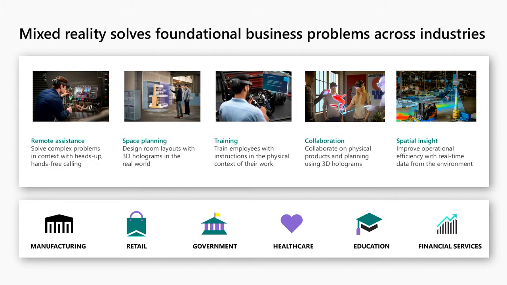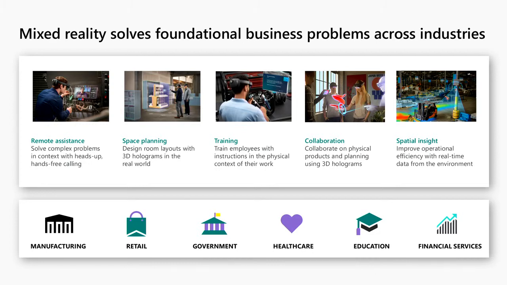And then finally, spatial insight. This is similar to the spatial planning, but this is how do I gain data and information from the environment that I'm operating in. Again, maybe I'm in a manufacturing facility or a place with lots of equipment, and that equipment is generating IoT data perhaps. I can use that information in my spatial insight. So as I'm walking around with a HoloLens, perhaps as I look at a QR code on a piece of equipment, that can tell the system to go out and return the IoT data associated with that running piece of equipment.